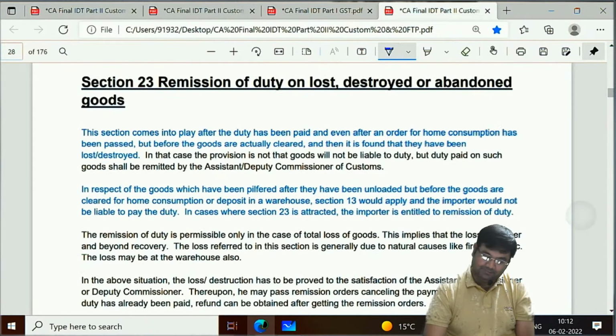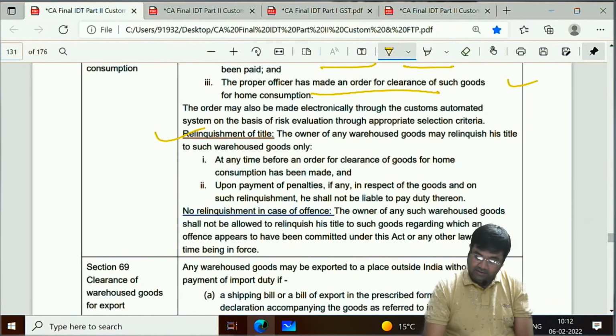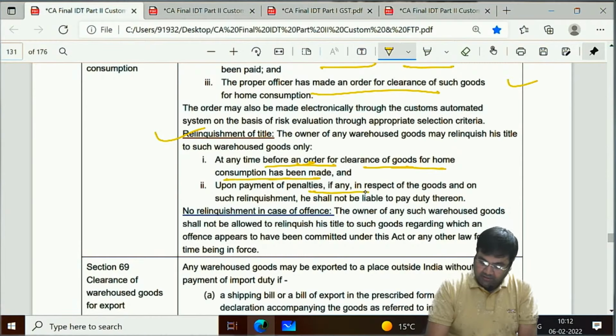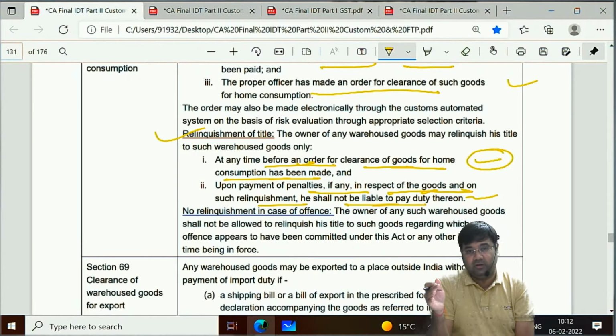So up to what period can he do it? At any time before an order for clearance of goods for home consumption has been made, and upon payment of penalties in respect of the goods, and on such relinquishment he shall not be liable to pay duty thereon. So he can relinquish, and then he doesn't need to pay duty, etc.